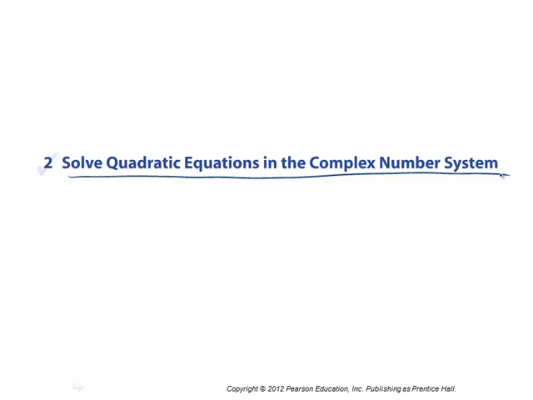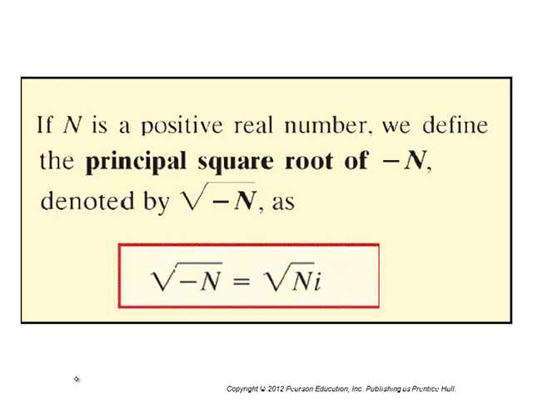But now that we have opened up the possibility of having complex solutions, we could talk about having solutions for all quadratic equations. Remember that the square root of negative 1 is I. So if you have the square root of the negative of a number, then that's the same thing as the square root of that number times I.